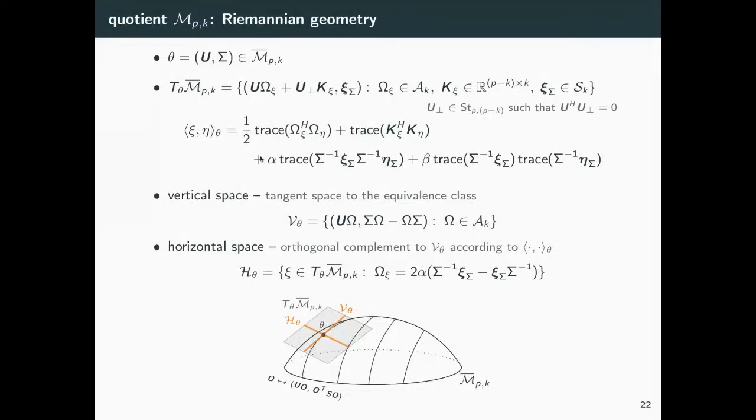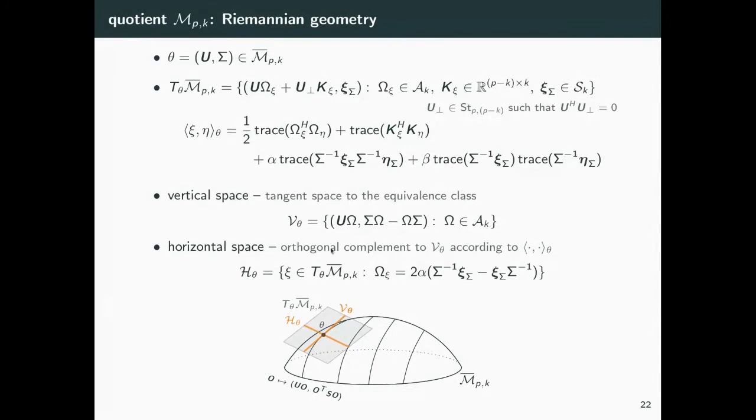We choose this metric to work with. So this is the canonical metric for the Stiefel manifold, very classical. And this is a metric, an affine invariant metric on the set of positive definite matrices, and which is related to elliptical distribution, as we saw before.